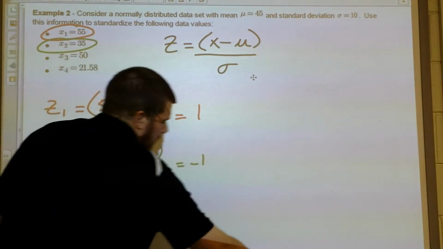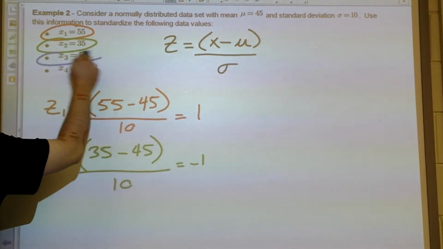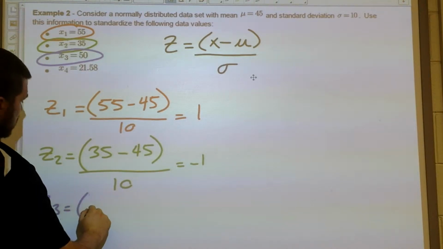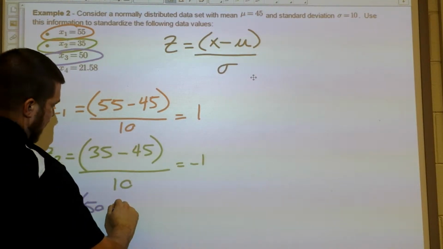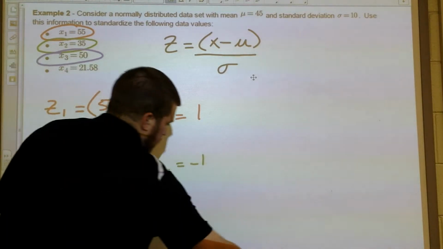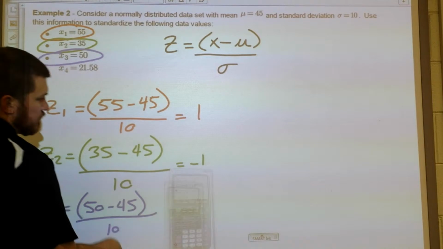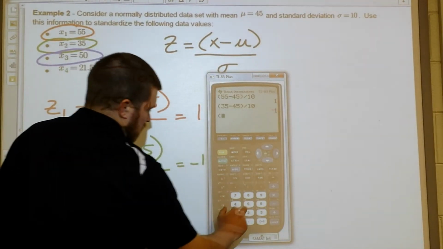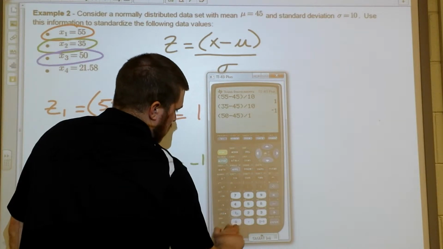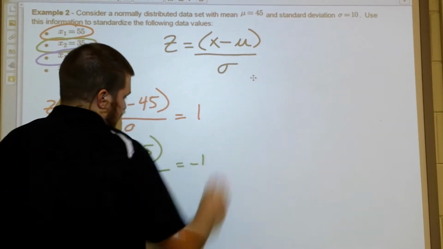All right, and my third standard score, calculate it. My given score was 50 minus the average score, divided by the standard deviation. And you get 0.5.